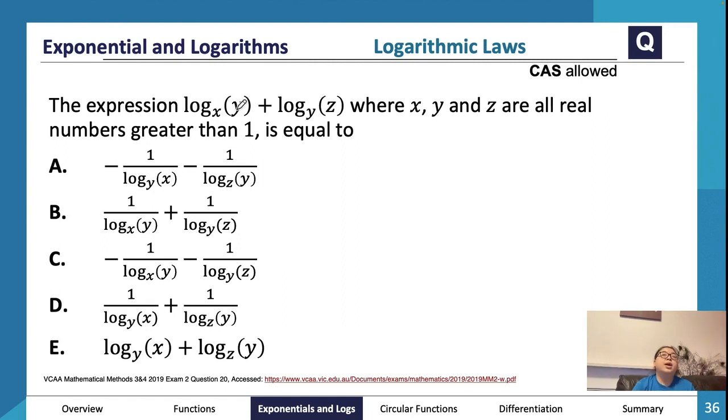So log xy plus log yz, is that equivalent to 1 over log xy plus 1 over log yz? If we have a bit of a think, we realize no, it's not equivalent, because we can get tricked. This is bringing up the fact that log y of 1 over z is not equivalent to 1 over log y z.